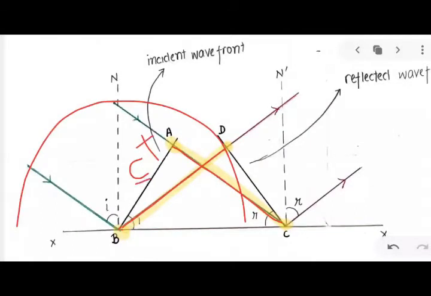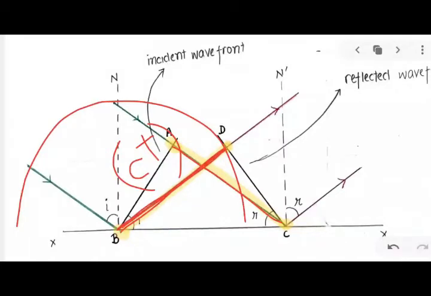What is c? C is the velocity of light, the velocity by which this point is moving towards point C. And what is t? T is the time taken by the point A to reach point C. Now we know when we write c, your velocity, and t, your time together, it gives us the distance.